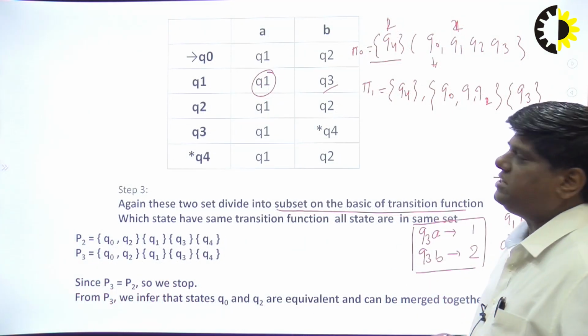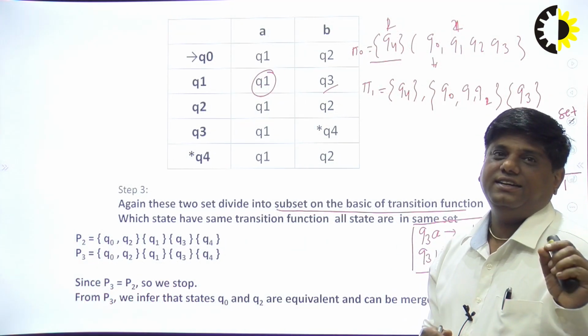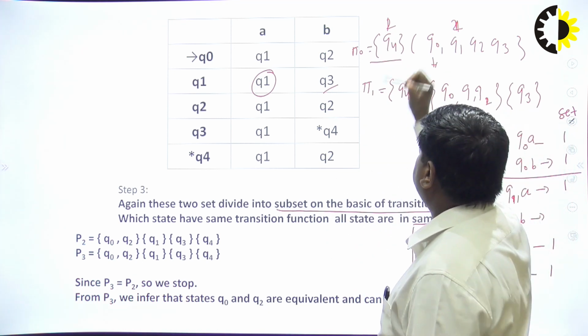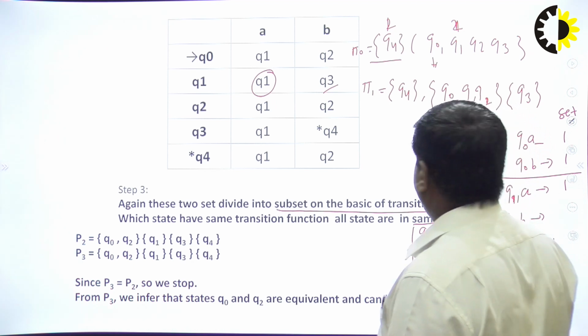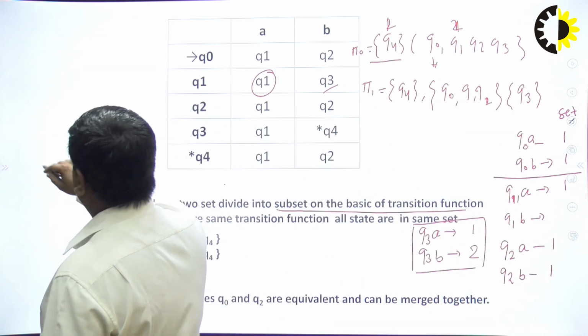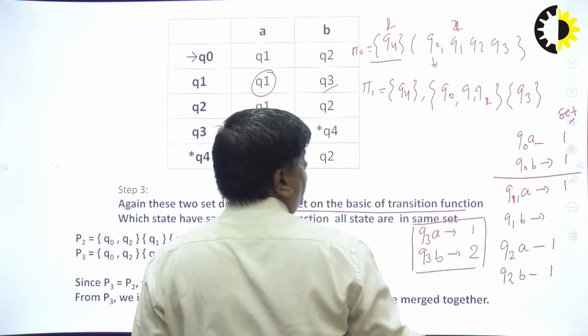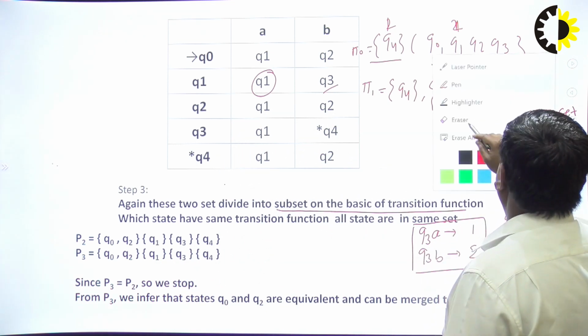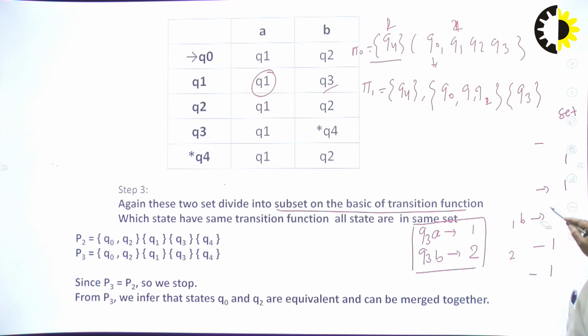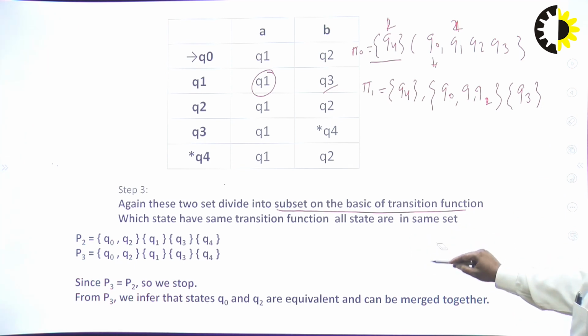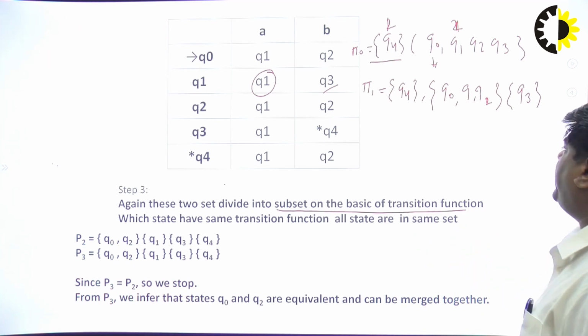This process continues until the last two iterations are the same. With the help of this concept, we minimize the finite automata.